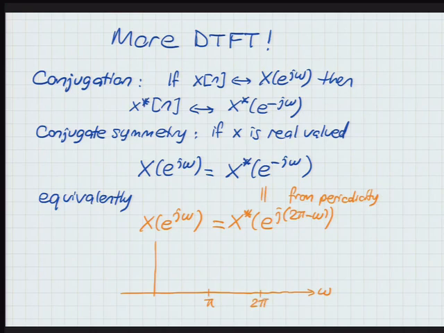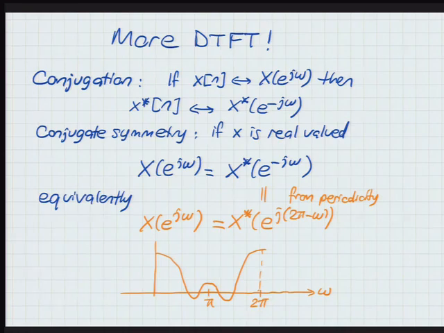So that's why I wrote it in this form. So in that case, you get things like what we saw in our examples last time. The examples we discussed last time were all, I think, even symmetric, so they gave us real valued Fourier transforms, except for one, I think the one-sided exponential.